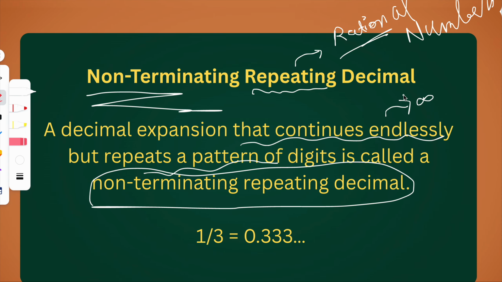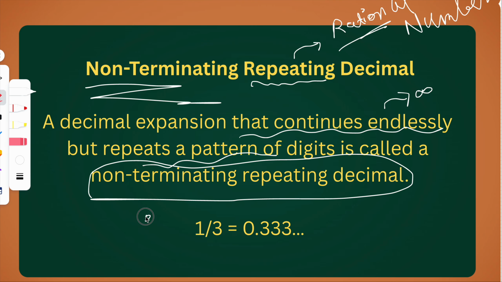Okay, so if I take an example of 1 by 3, so if we divide 1 by 3, the value is 0.333333. So this value is not ending, it is going to an infinite value. So from this we can see that the number is not ending.